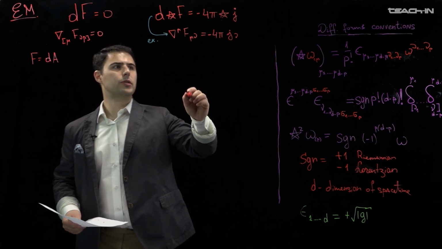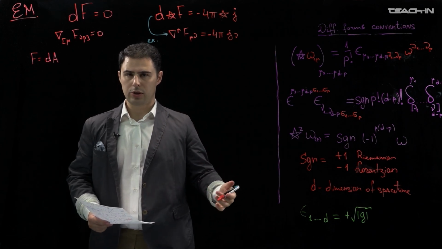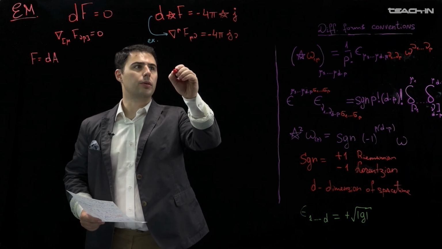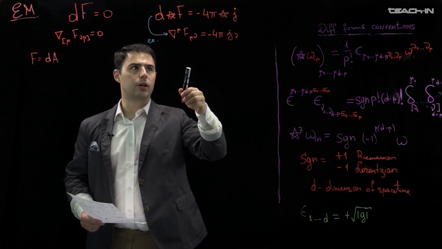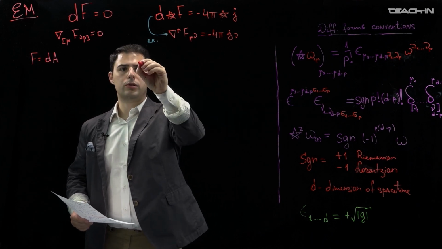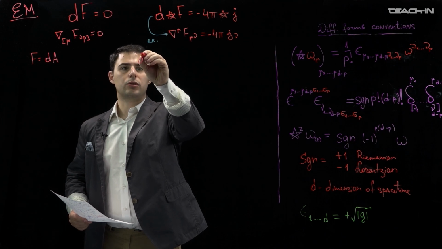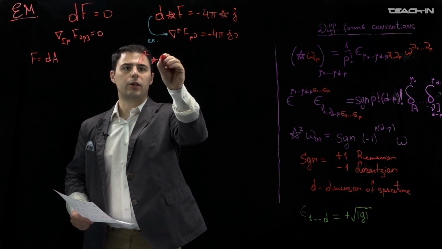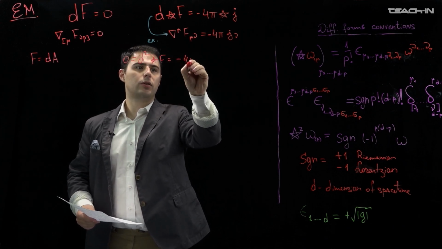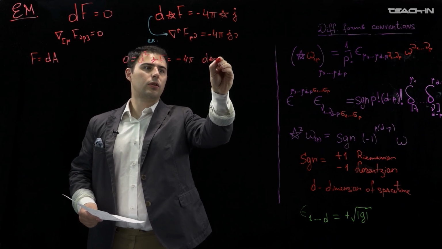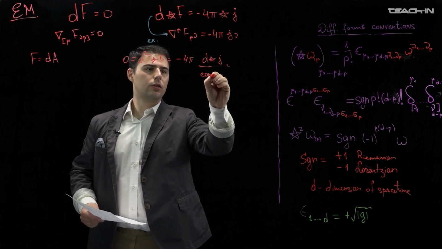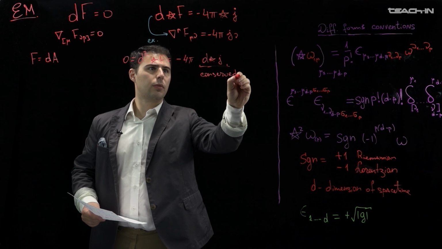The important consequence of the Maxwell equation is that for on-shell configurations, the Hodge dual of the current is conserved, because d squared of star F is of course 0. So the current is conserved.